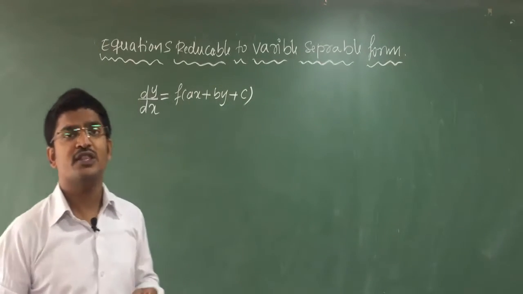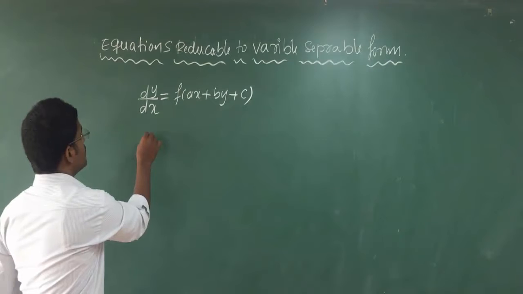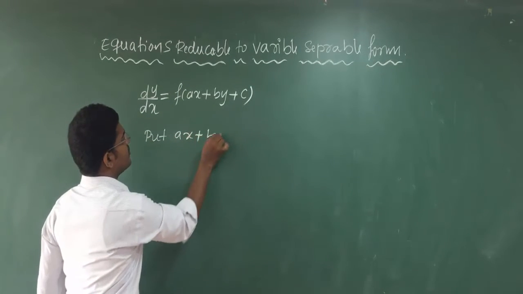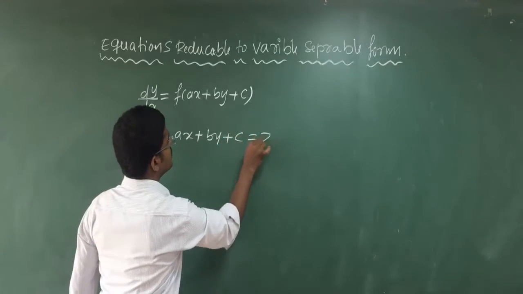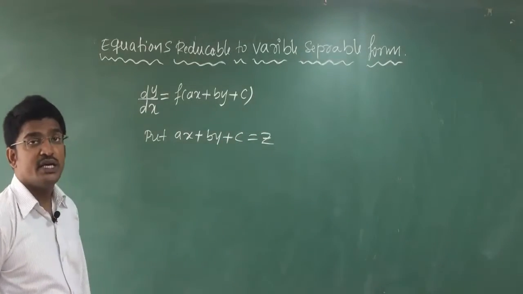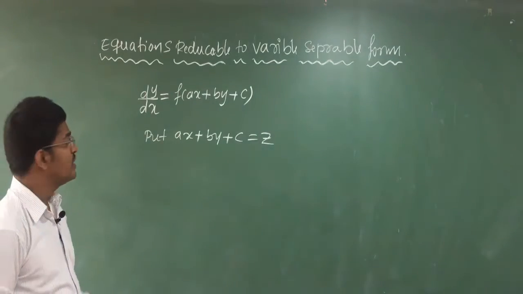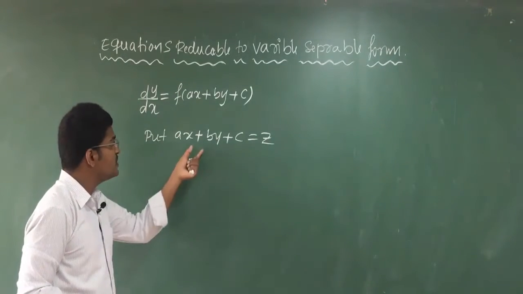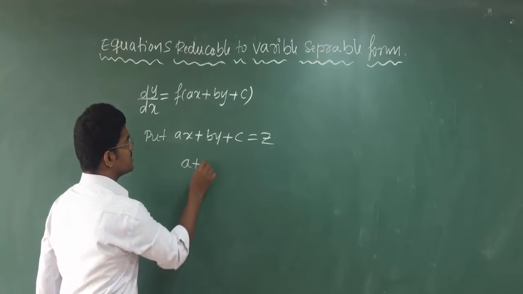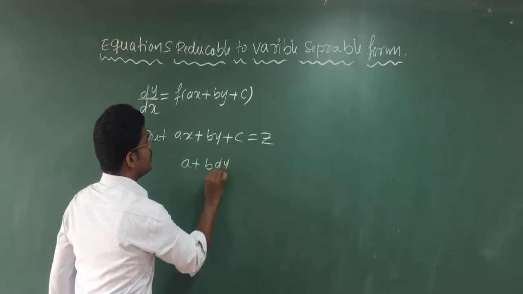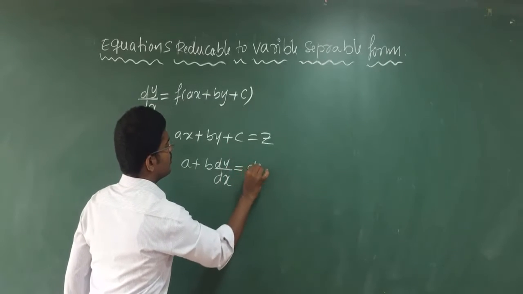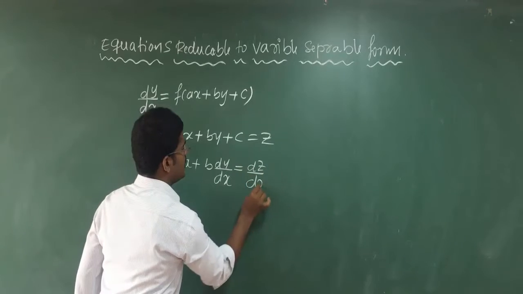So for that I will put ax plus by plus c equal to z, and let us simplify. If I substitute this, differentiation of this will be a plus b into dy by dx, and the derivative of c is 0, equal to dz by dx.